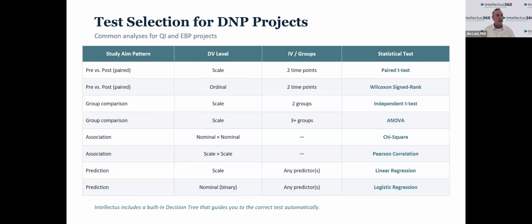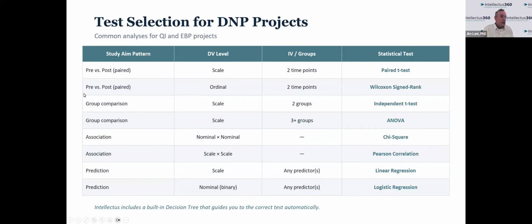So, quick cheat sheet. When you have study aims where you're doing a paired t-test, pre and post, both variables are scale, just 2 time points, we're in paired t-tests. If you have a camera, take a picture of this.